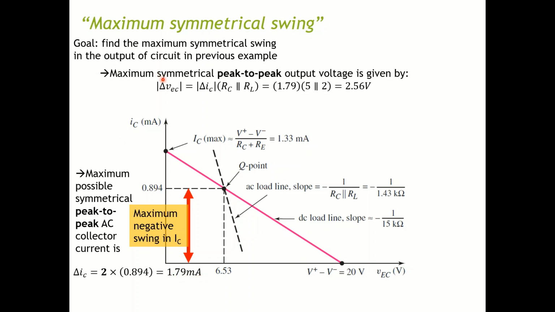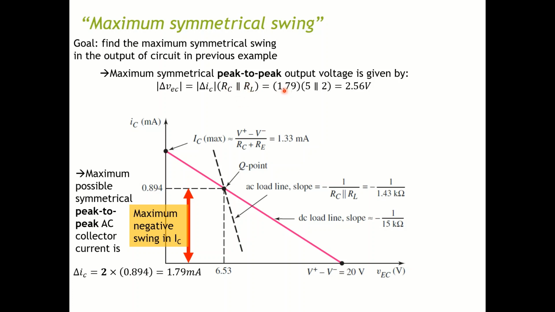So next, let's consider the maximum swing for VEC, which is our output voltage in this case. So delta VEC on this line. Technically, it's actually the same swing. The main difference is that you have to convert it with the slope. So you divide by the slope, which means you multiply by RC parallel RL.